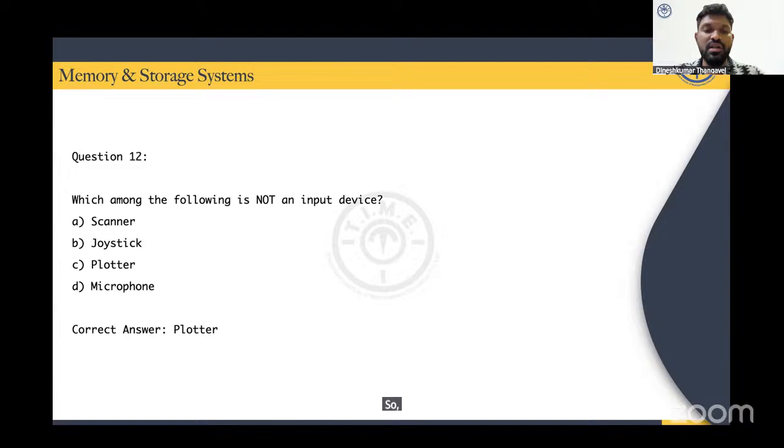People working in art or graphical design know what this plotter is. So this plotter is an output device, not an input device.